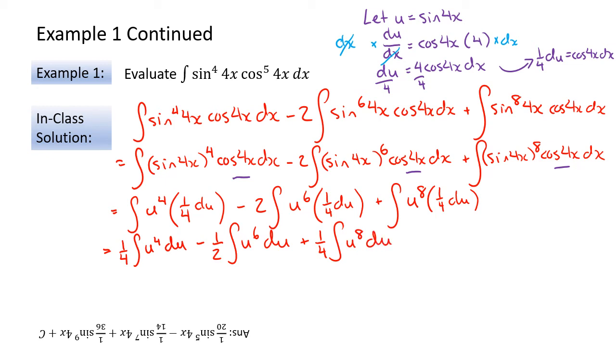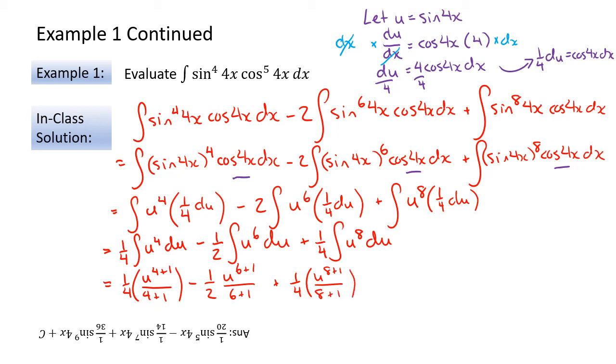Okay? So now for all of these, we can simply use the power rule. And if we do that, we get 1 over 4 times u to the exponent 4 plus 1 over 4 plus 1, minus 1/2 times u to the 6 plus 1 divided by the same exponent, 6 plus 1, plus 1 over 4 times u to the 8 plus 1 over 8 plus 1.